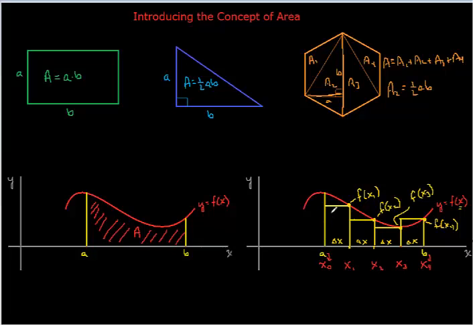So if we want to find a rough approximation of the area under the curve from A to B, so this area over here, divided into strips, and in this case, just for presentation purposes, I've divided it into 4 rectangles of equal width.